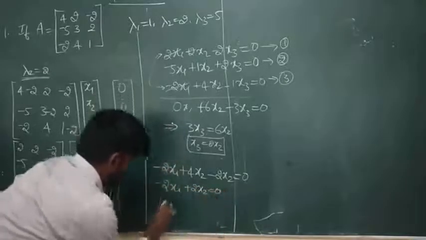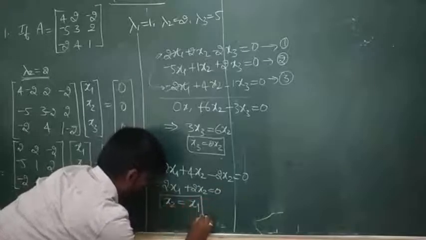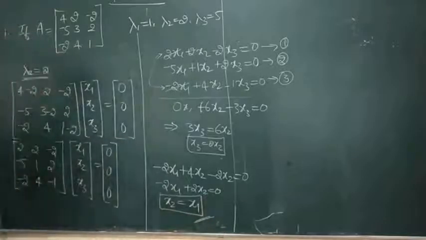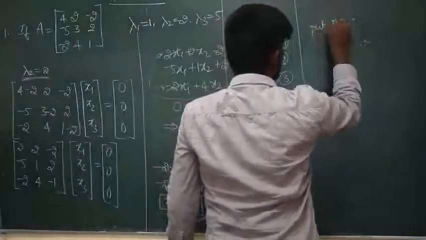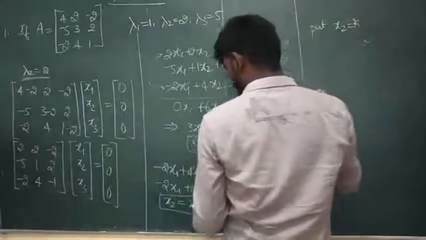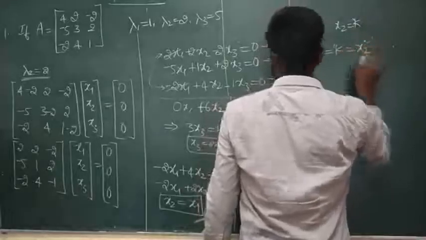Therefore, x2 is equal to x1. We get x2 is equal to x1. Therefore, put x2 as k. Then we get x1 is equal to x2, x1 is equal to k.